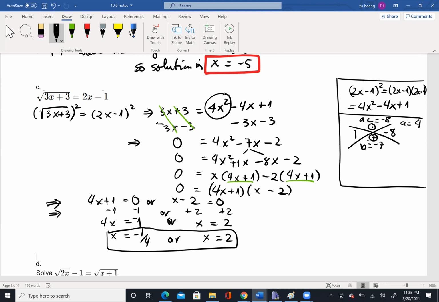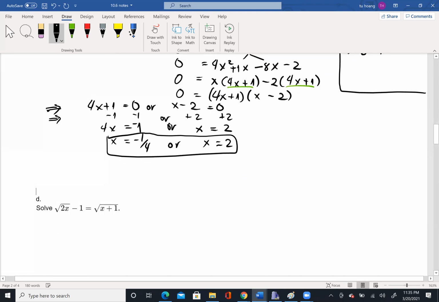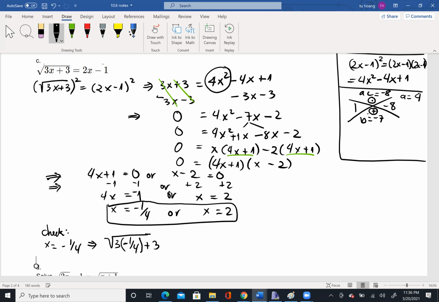So what I have to do is check the solutions to see if they are satisfied. So check, let's say x equal to -1/4. Go to the original one. I have square root of 3 times -1/4 plus 3 equal to 2 times -1/4 minus 1.